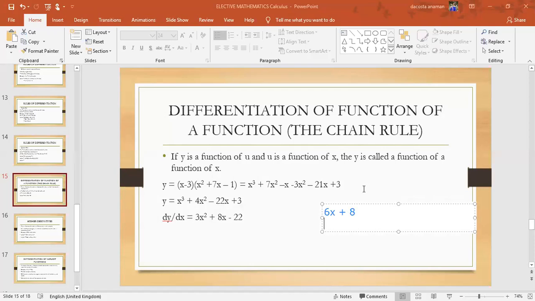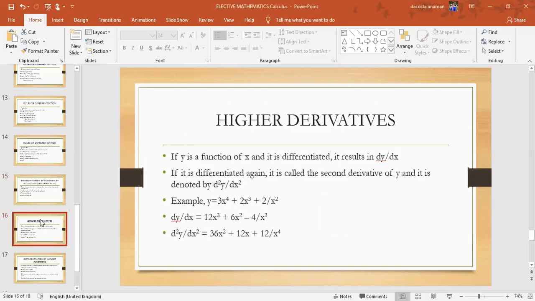The fourth one, the d⁴y over dx⁴. Okay, so in this one, if you are asked to find the third derivative, you get 6. Then fourth derivative, you'll be getting 0. That's about differentiating at the higher levels: the second derivative, the third derivative, the fourth derivative, etcetera.